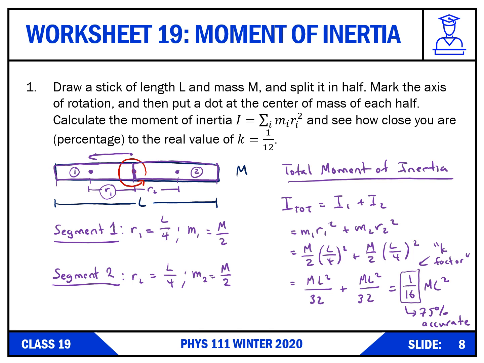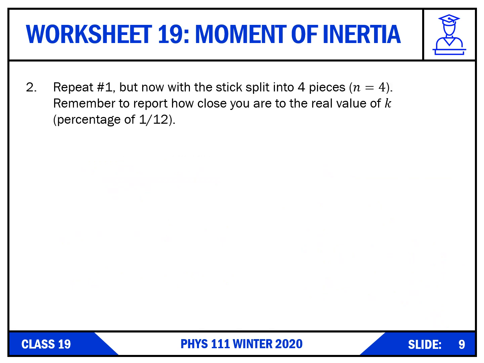Okay, so on to the next slide. We divided this into 2 pieces. We now want to divide it into 4 pieces to see if we can get a better answer. So we're going to repeat number 1, but now with the stick split into 4 pieces, or n equals 4.